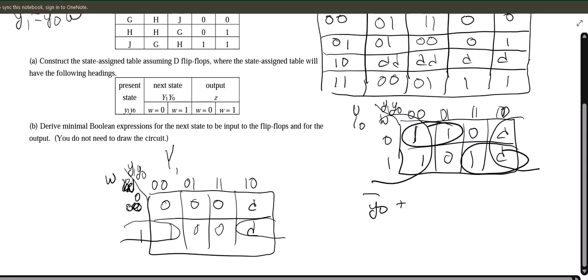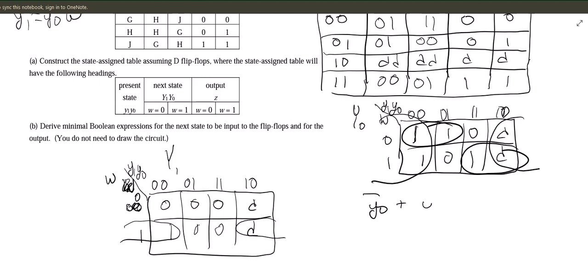And this group of 2 is Y1 W. And this group of 2 right here, it does not look like I have that right on my notes.